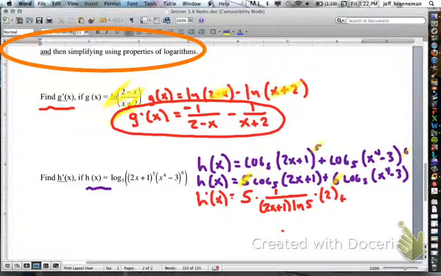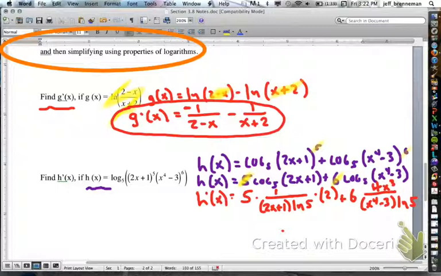Plus, same kind of thing over here, 6 times 1 all over that function, x to the 4th minus 3 times the ln of 5, and then multiply that by the derivative of x to the 4th. I've run out of room, so what I'm going to do is I'm just going to multiply it right away on top. 4x to the 3rd.